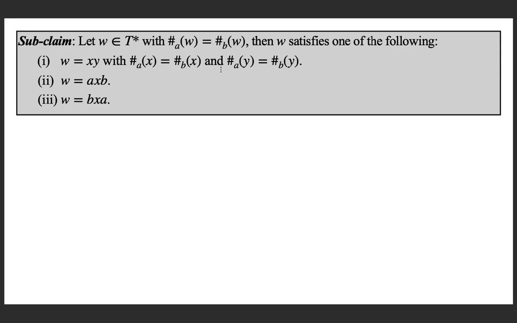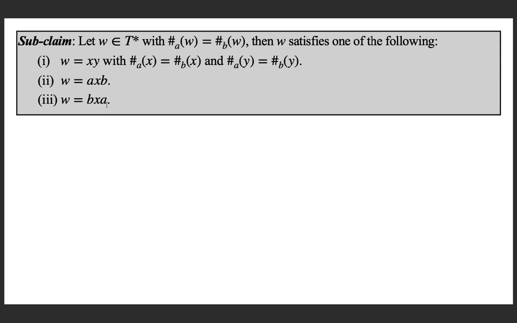Or W starts with A and ends with B, or starts with B and ends with A. So we are claiming that these are the only three forms in which you can have a W with an equal number of A's and B's. So which are the three forms? It's a concatenation of X and Y where both X and Y will contain an equal number of A's and B's. Or it starts with A and ends with B, or otherwise it starts with B and ends with A.